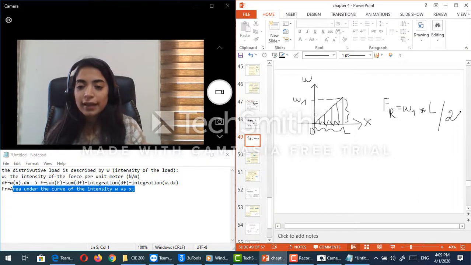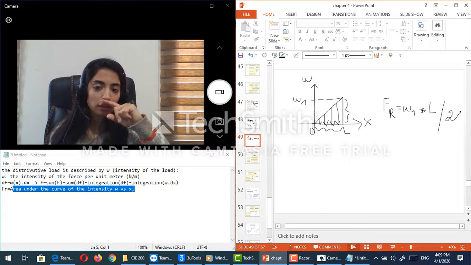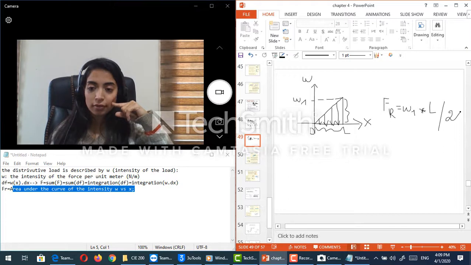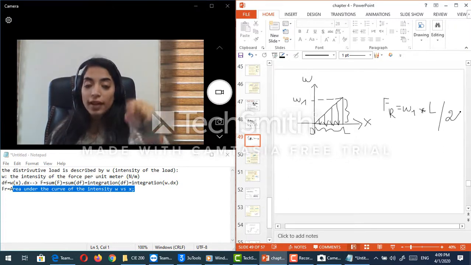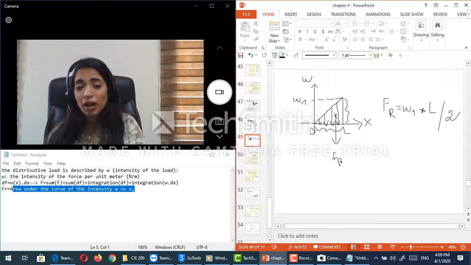And then if I know that I should locate this F resultant, what do you think? Where should be the location of this F resultant? Yes, it will be on the center of gravity of this triangle here. So this will be the location of this F resultant. And why should I worry about the location of F resultant?